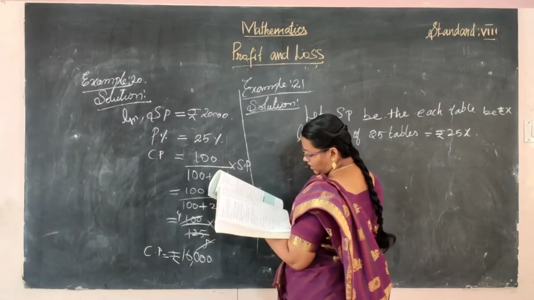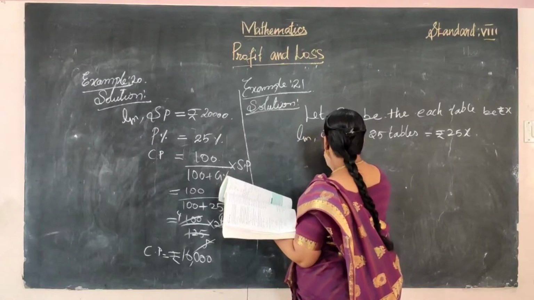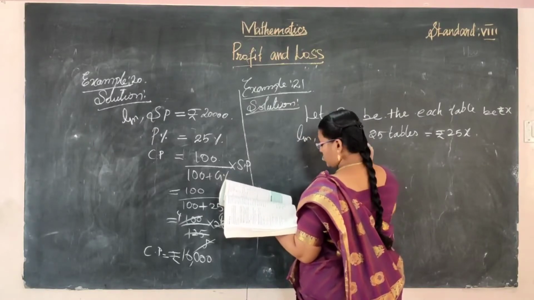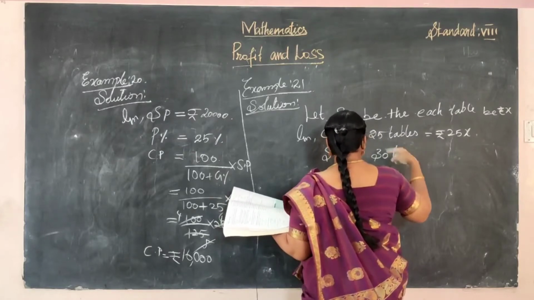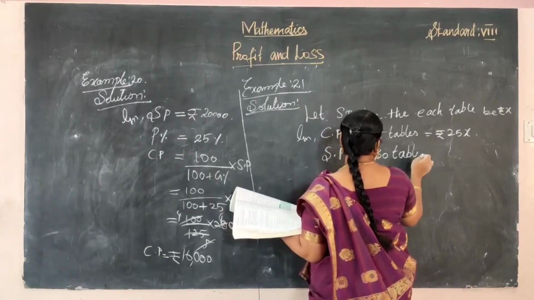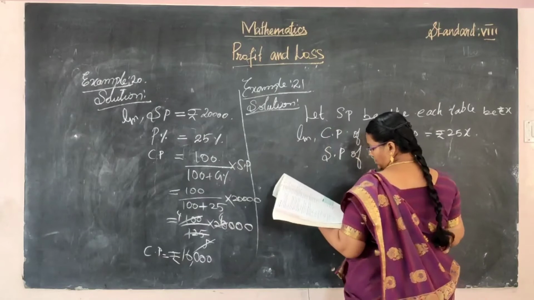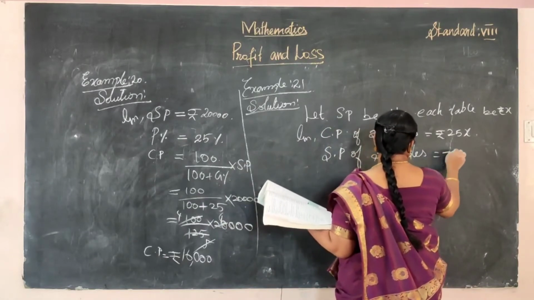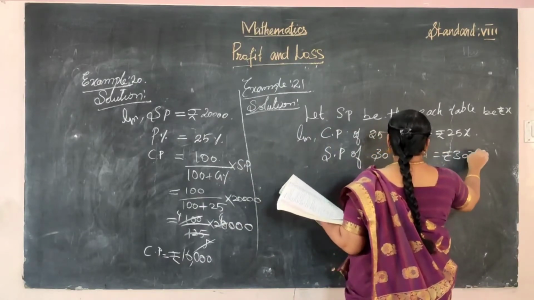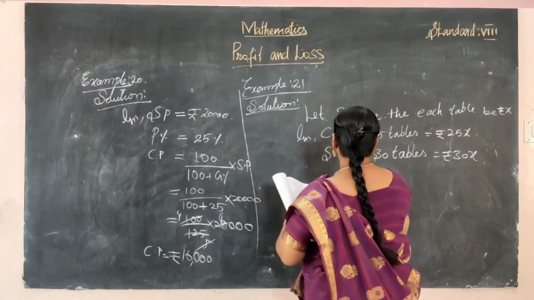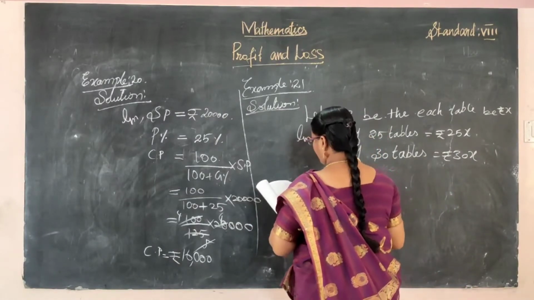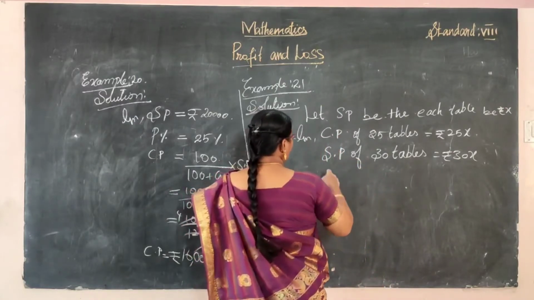And next, the selling price of 30 tables: they sold 30 tables, right? The rate for those is equal, so 30x. What is the condition?